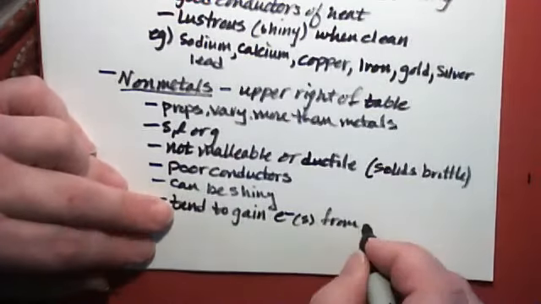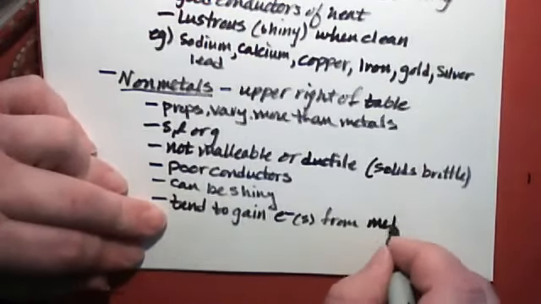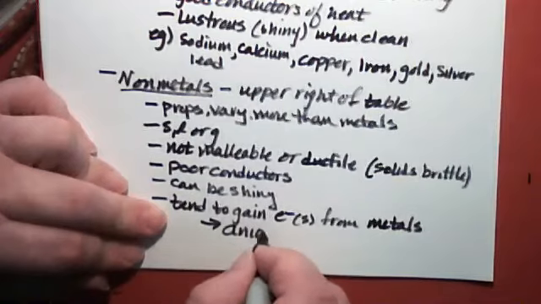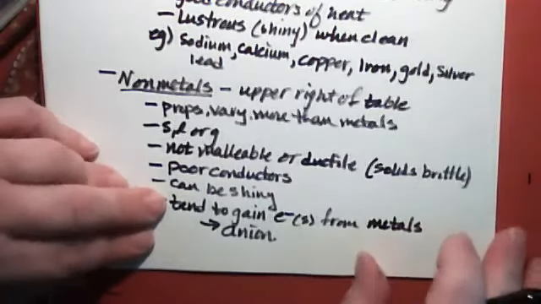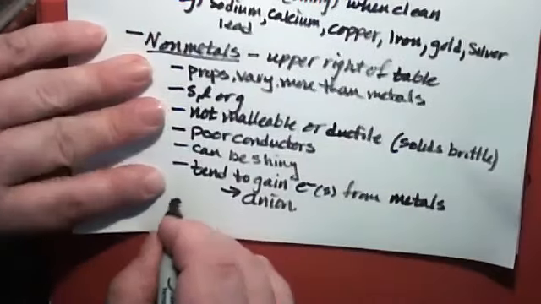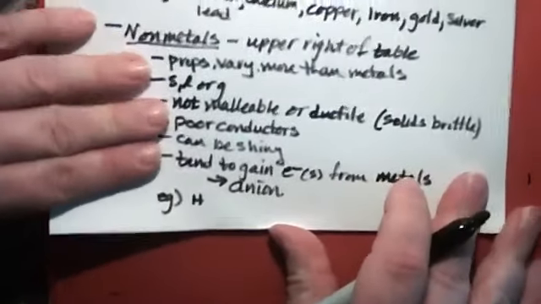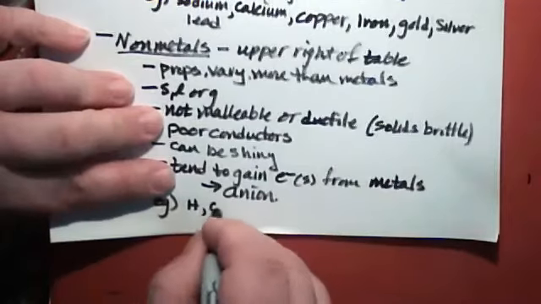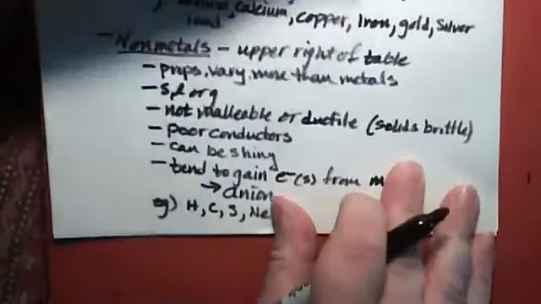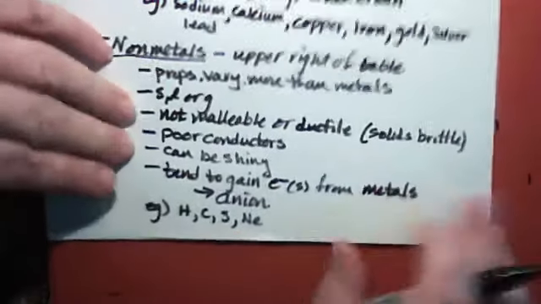And again, when reacted with metals, the nonmetal will gain electrons and become an anion. Some examples of nonmetals would be things like hydrogen, carbon, sulfur, neon. These are all nonmetals.